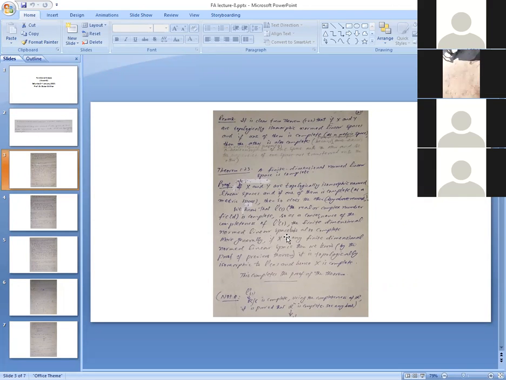By completeness, we mean that if every Cauchy sequence is convergent in the space, then the space is complete. So the theorem says that a finite dimensional space is always complete.